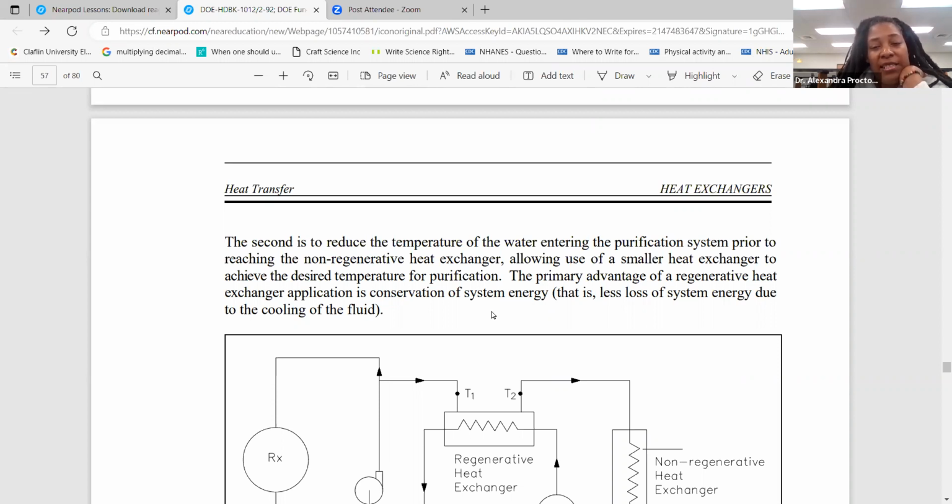The primary advantage of the regenerative heat exchanger application is conservation of system energy, that is, less loss of system energy due to the cooling of the fluid.